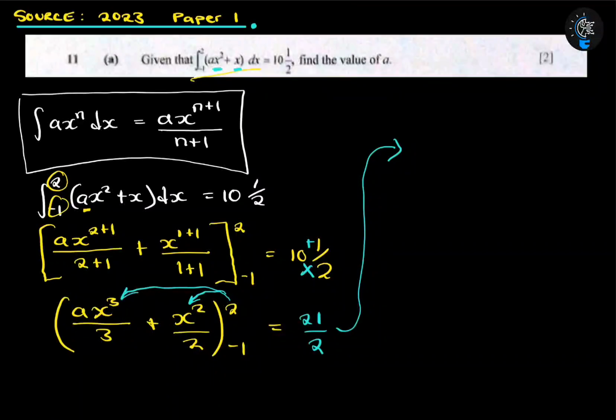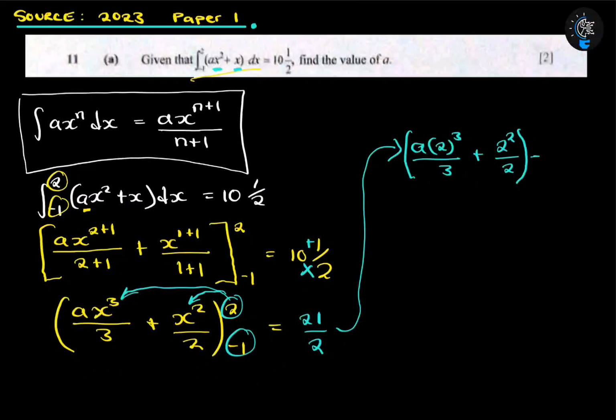Where there is x, we put a 2, divided by 3, plus 2 squared divided by 2. Now we have the upper limit and the lower limit, so we do the same to the lower limit.